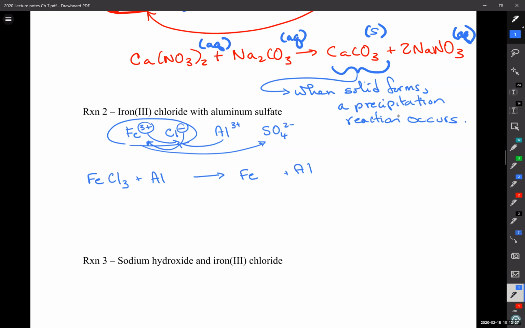The 3 goes down. 2. What's called crossing charges. So SO4 for the reactant, but then you have SO4. But the charges are, right? This is 3 plus and 2 minus.